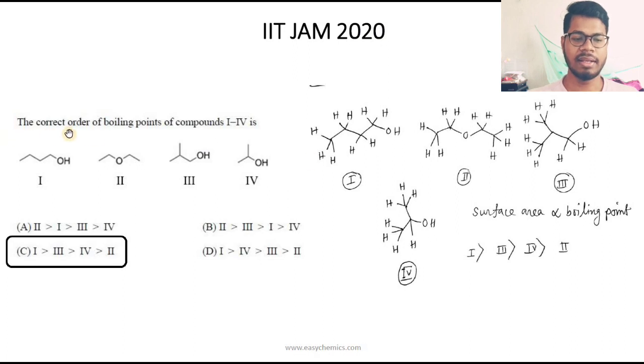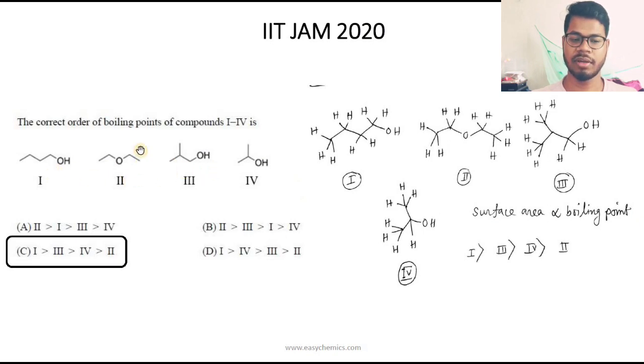Then the correct order of boiling point. So boiling point means the system which will have more surface area. You can see the surface area will be more, the boiling point will be more. So the system that has less branching, meaning it is more linear, will have more surface area, and that will have more boiling point. That means 1 will have much more boiling point.